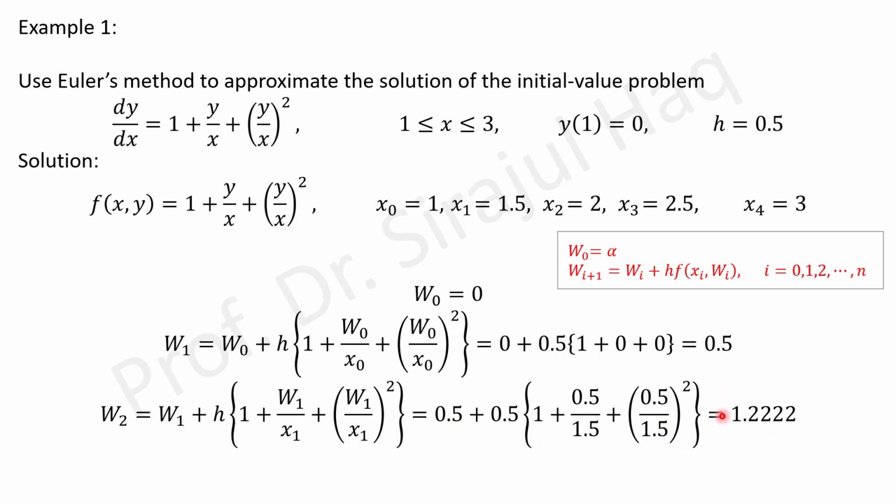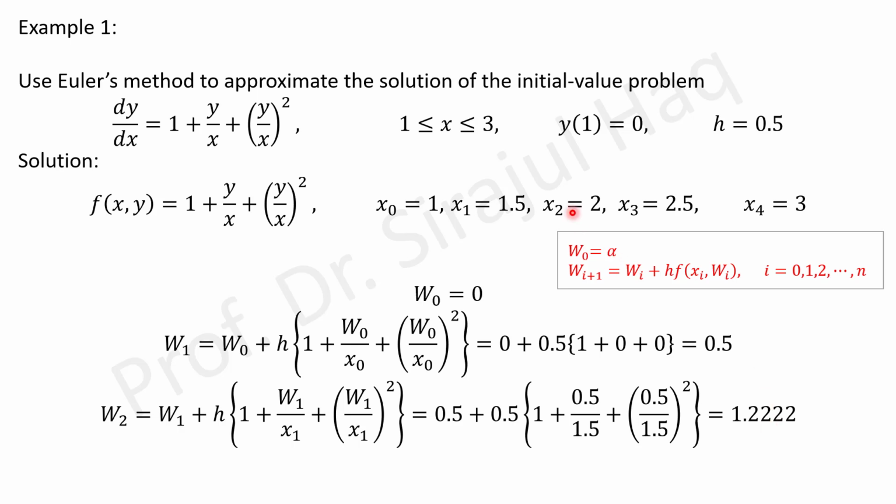So this is the solution of your differential equation at x equal to 2. If you have the exact solution of this problem, then replace x by 2, you will get the exact solution, and this is your approximate solution. The difference between the two will be the corresponding absolute error.